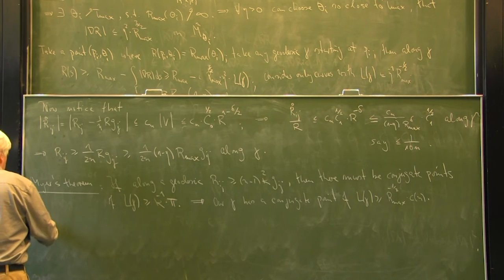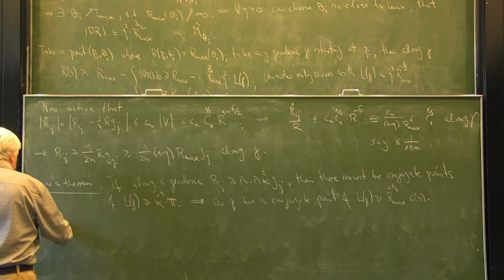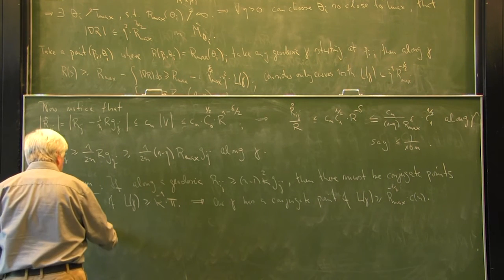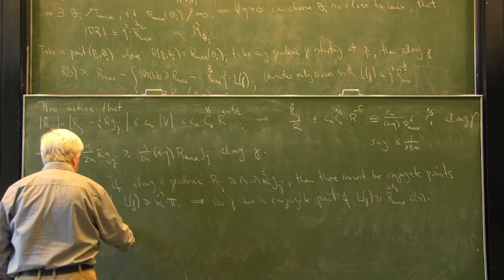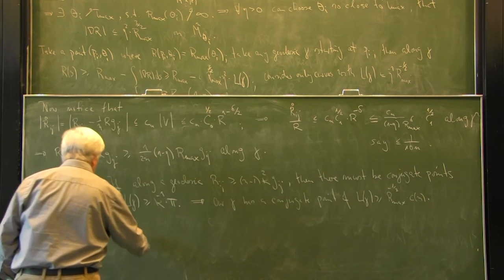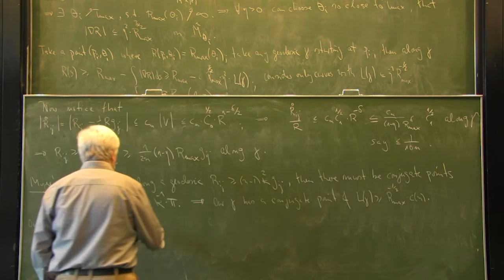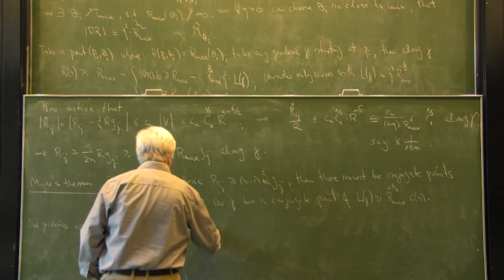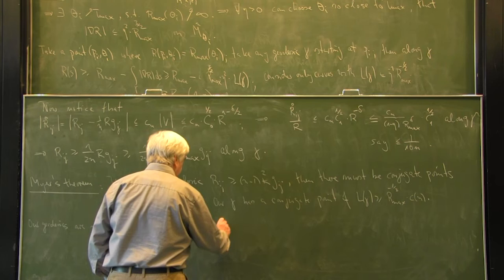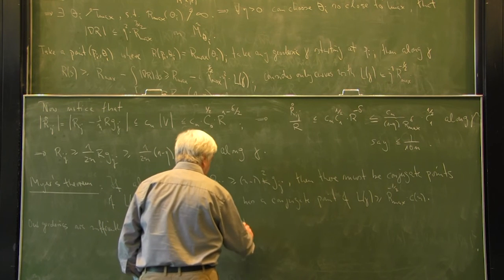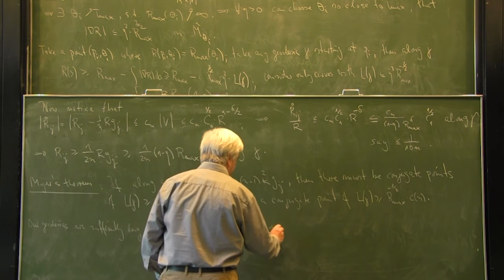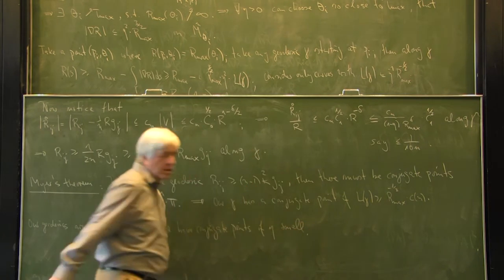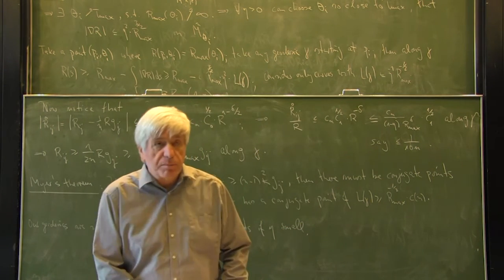So our geodesics are sufficiently long to all have conjugate points, if eta is small. But this means all our geodesics have conjugate points.